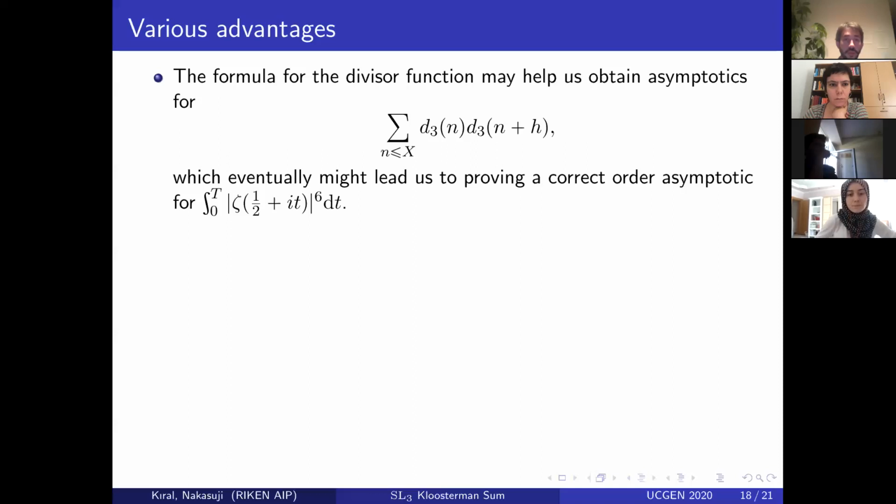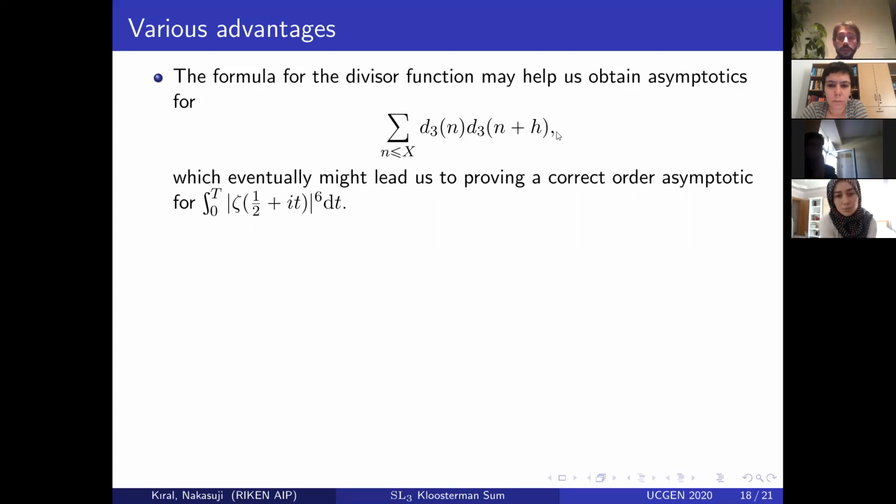So what are our advantages? First, you might hopefully have expansion of D3n. These are the kind of things that would show up in analyzing the 6th moment of the Riemann zeta function. Even this, by the way, the asymptotics of this, just for h equals 1 even, is not known.